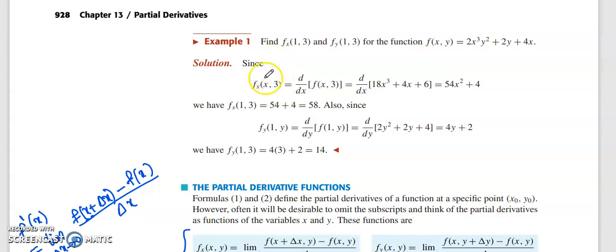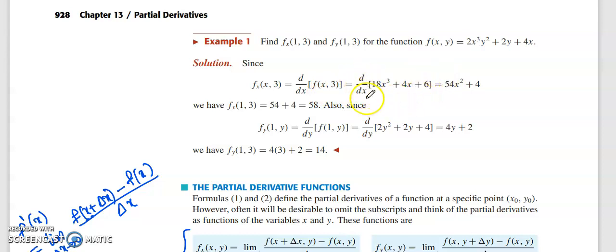Let me find fx of (x, 3) first. When finding fx, y is already fixed, and I need to find it at this point, so put y equal to 3. Then we get 18x cubed plus 6 plus 4x. So this will be d by dx of f of (x, 3), that is d by dx of 18x cubed plus 4x plus 6.